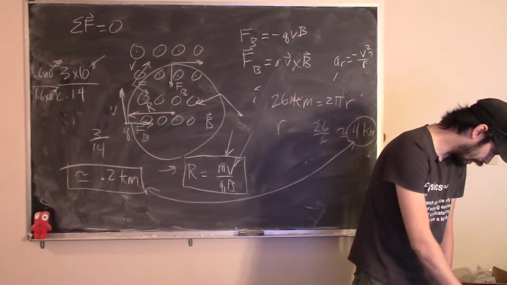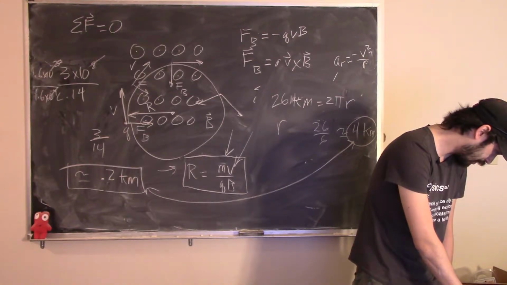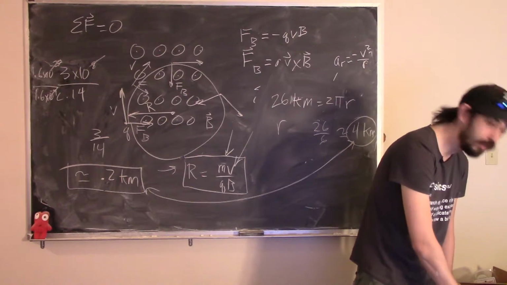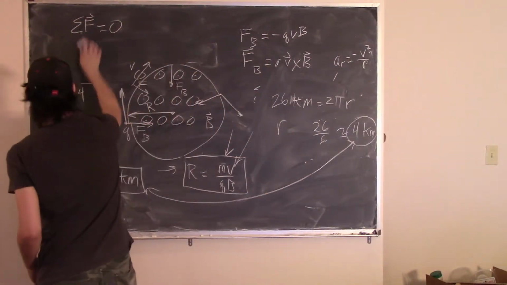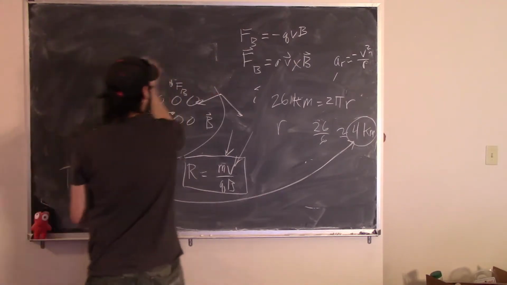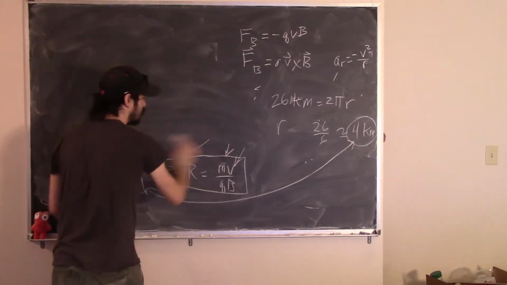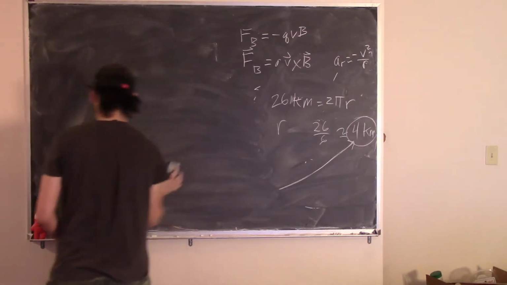Okay. So let's see. The next question is going to be getting into what we're going to be getting a lot of practice with tomorrow in recitation, and this is what's called the Biot-Savart Law.